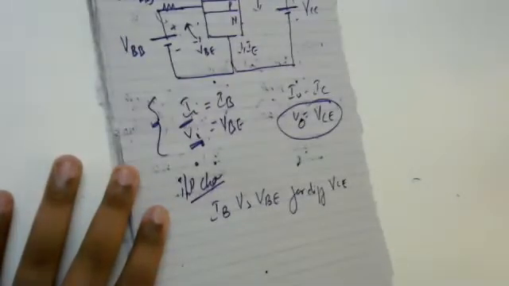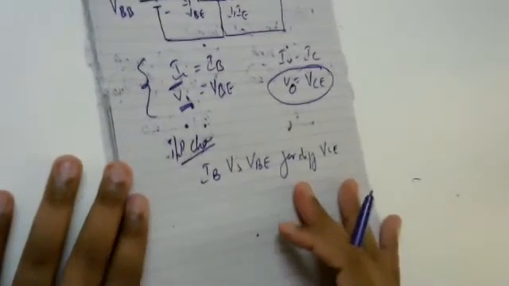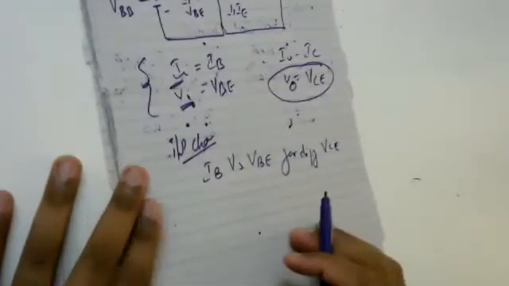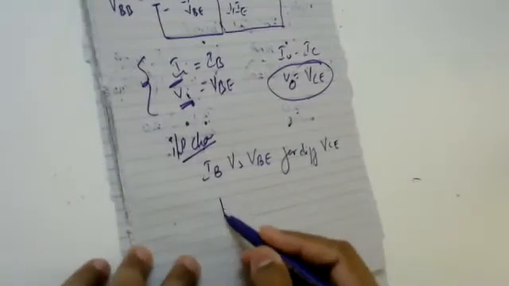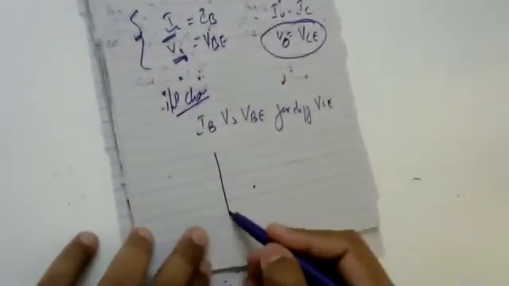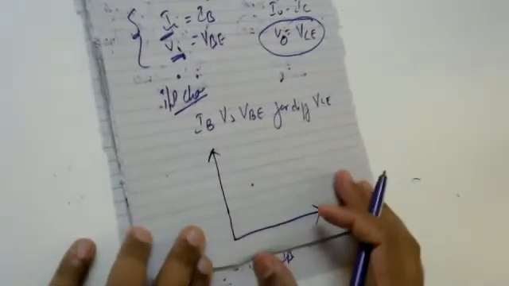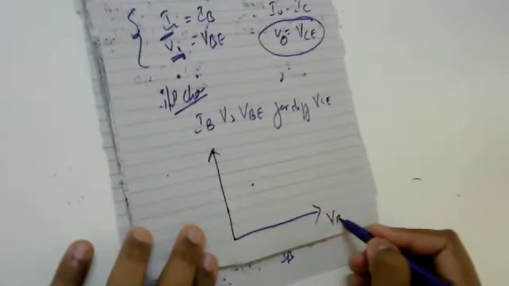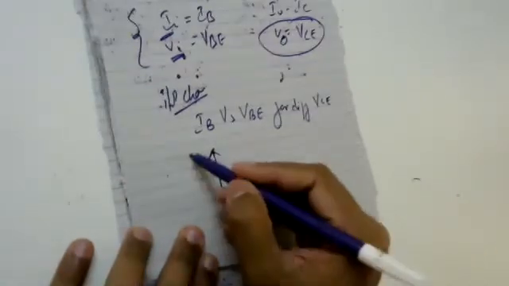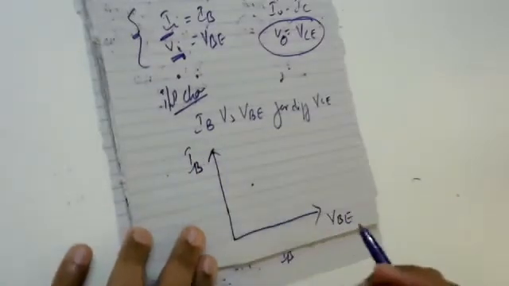Now, if I want to have the graph, this axis indicates my VBE and this indicates my IB.